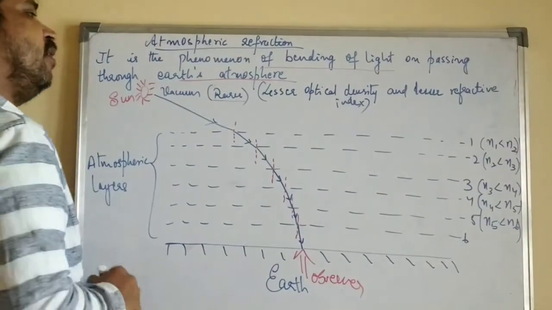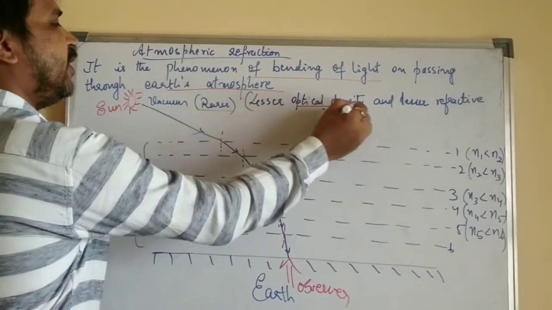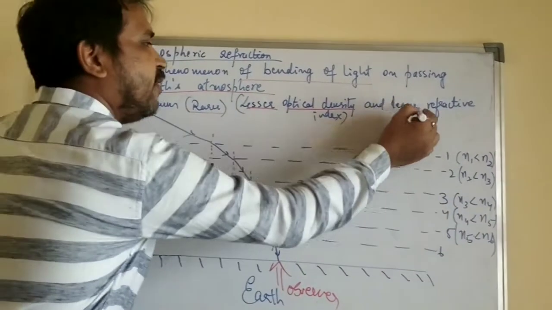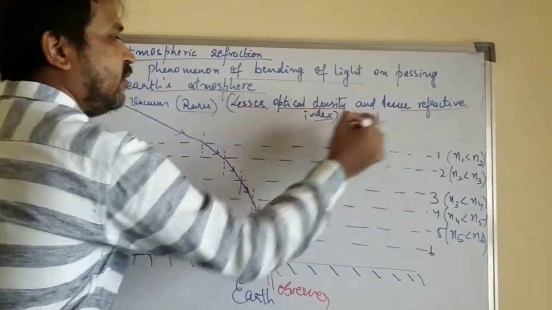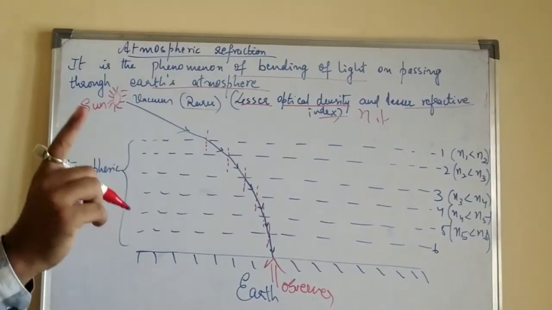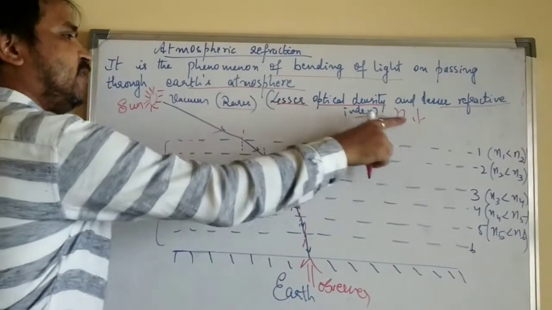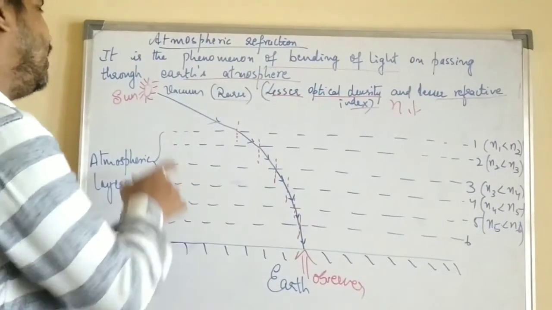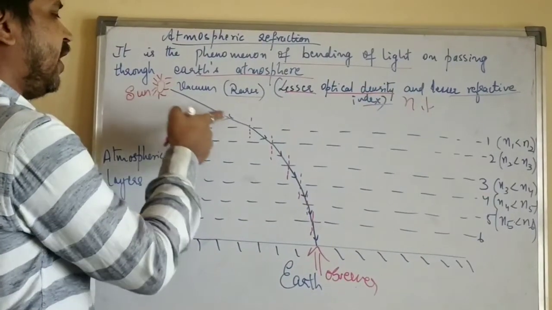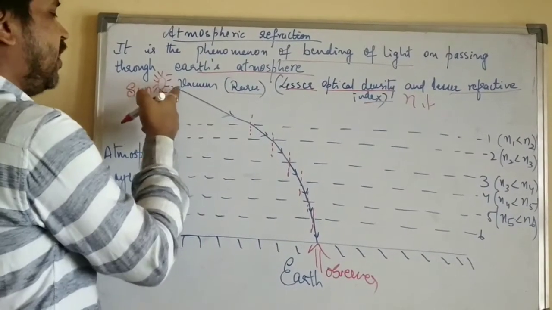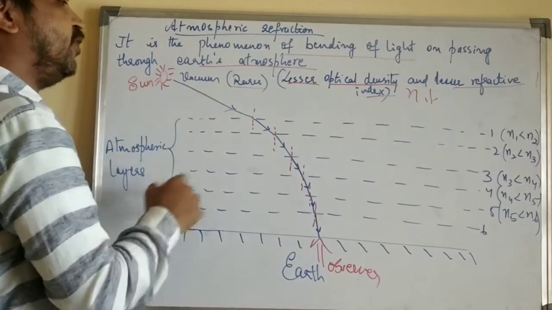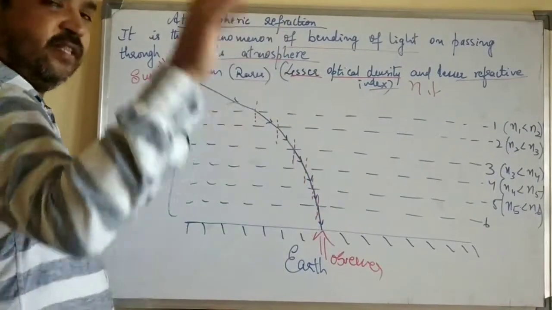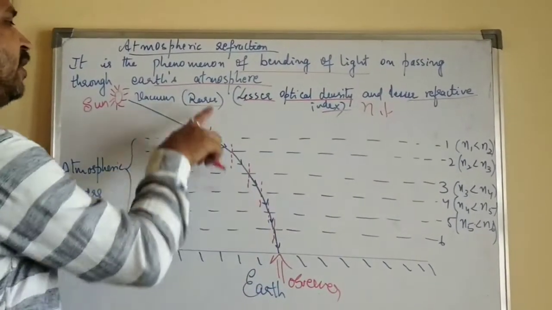Why? Because here the optical density is lesser, therefore its refractive index is less. Remember, in refraction, the rarer medium has the lesser refractive index and the denser medium has the more refractive index. That's why, when the sunlight travels through the vacuum, because the optical density is less, the refractive index is less, so it becomes the rarer medium.